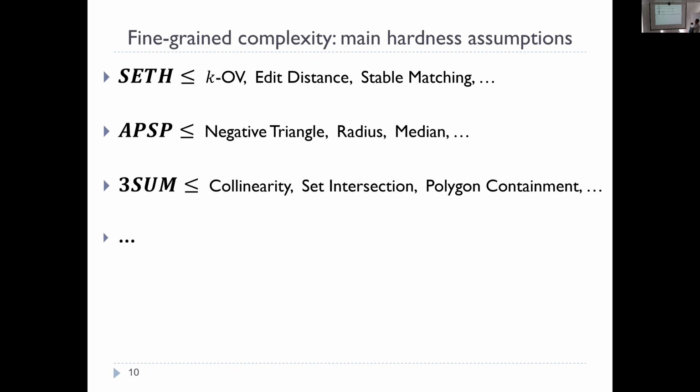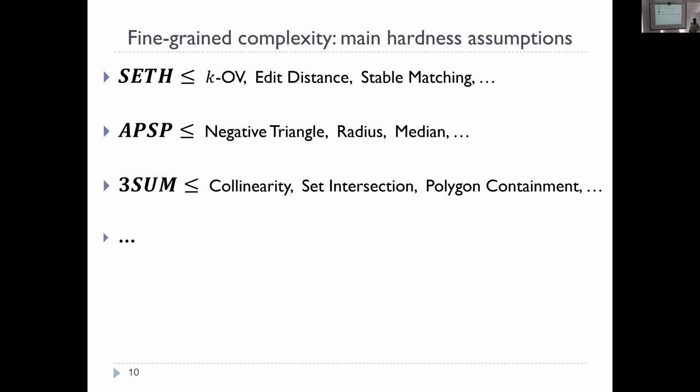So just very briefly, these are maybe the central hardness assumptions in fine-grained complexity. You can see the SETH here. For example, the strong exponential time hypothesis, which roughly speaking states that SAT requires 2 to the n time. You want to solve SAT, you have to spend 2 to the n time.